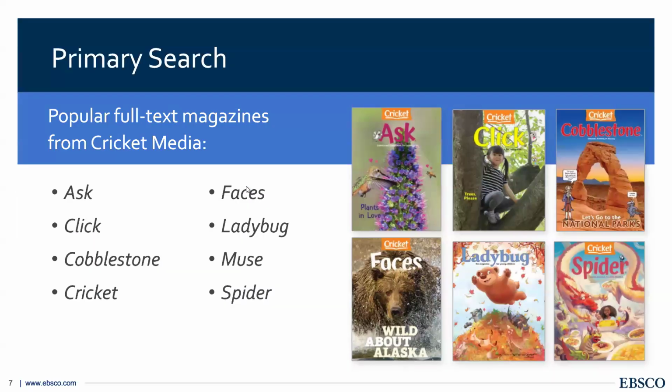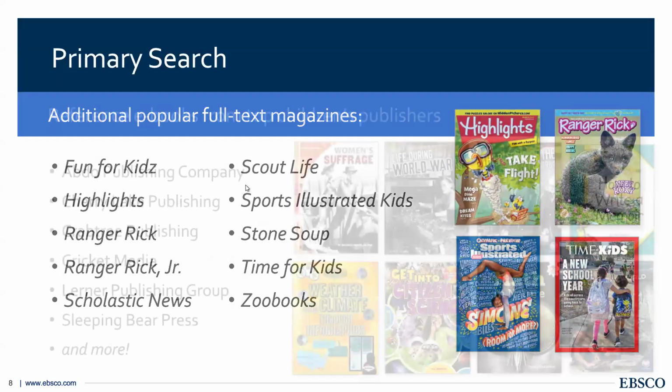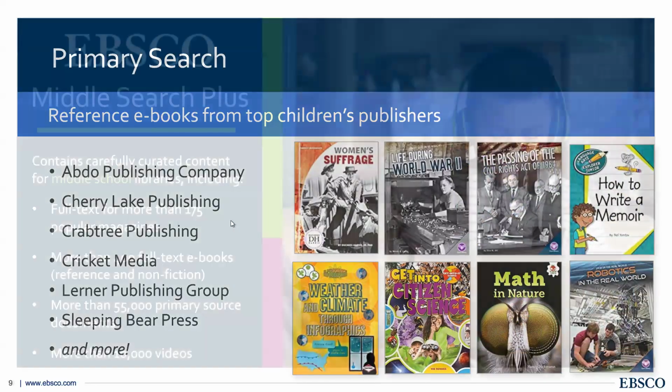Some of the full text magazines from Cricket Media include Ask and Ladybug and Spider. Popular full text magazines like Ranger Rick and Time for Kids. Reference ebooks from top children's publishers, including Cherry Lake Publishing and Learner Publishing Group.